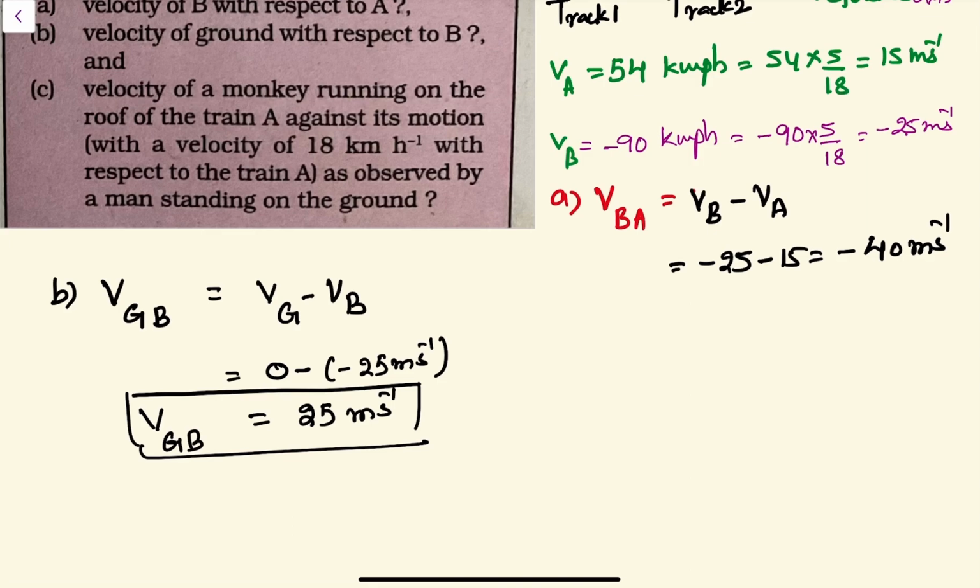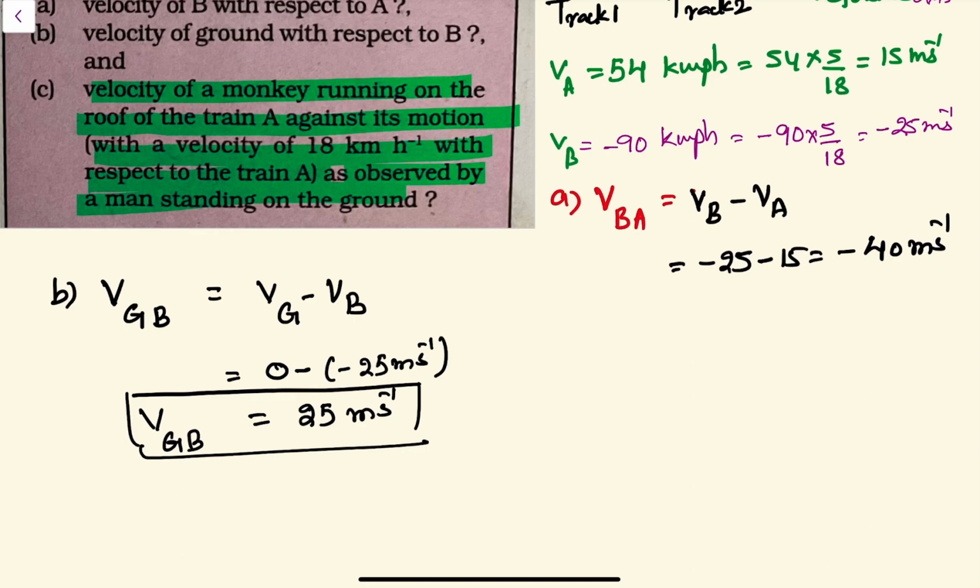Now, what is the velocity of a monkey running on the roof of train A, against its motion, with velocity 18 kmph with respect to train A, as observed by a man standing on the ground?